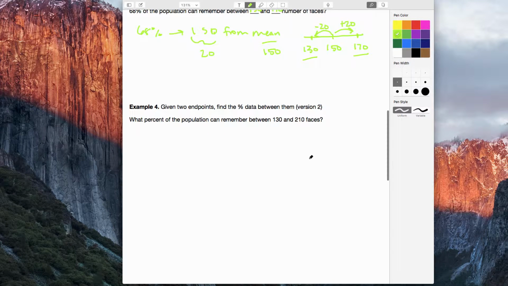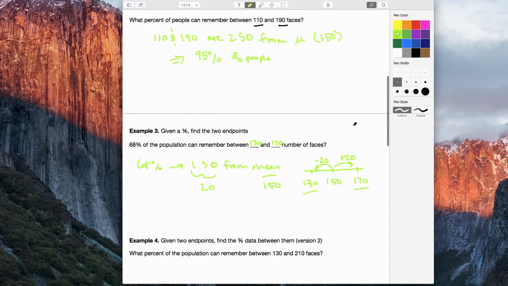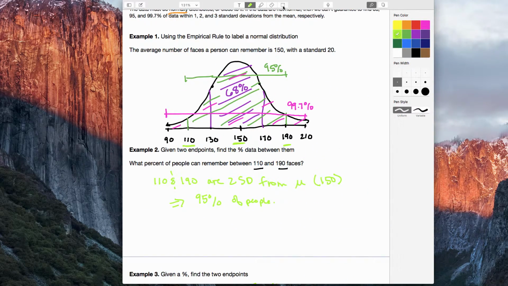So this last problem: what percent of the population can remember between 130 and 210 faces? Let's go back up to our picture and copy it down here.